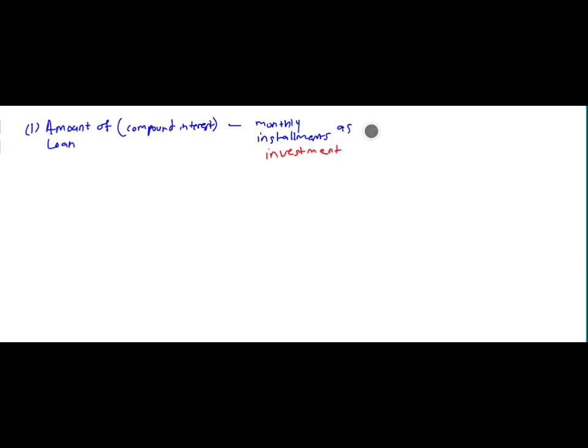Okay, and then the answer that you get must be treated like an investment that will only last for a single month. So it's going to be in compound interest basically. So the solution will be compounded for a month. And that's exactly what I'll be showing you shortly.